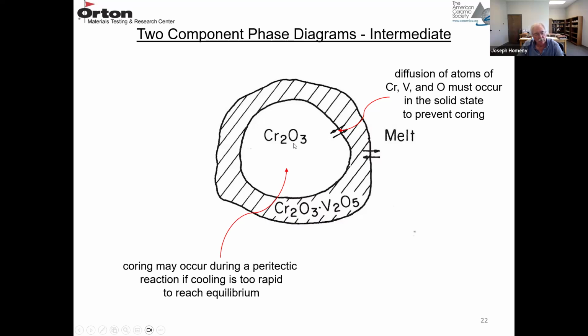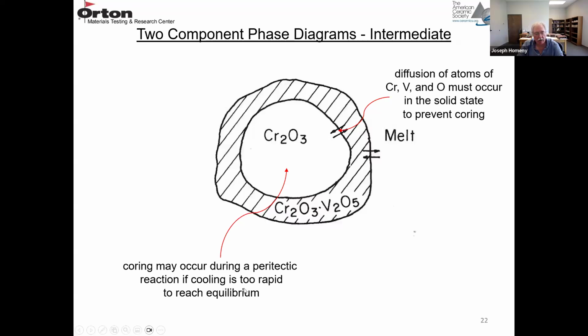So if the cooling is too rapid, you get something known as coring. So you're no longer at equilibrium. You're going to have these Cr2O3 crystals surrounded by this liquid, which transforms to Cr2O3 V2O5.